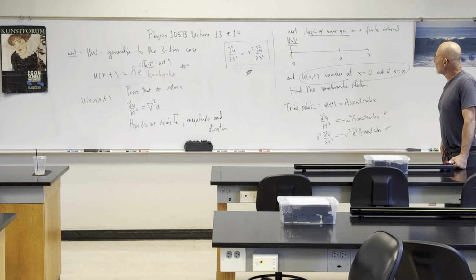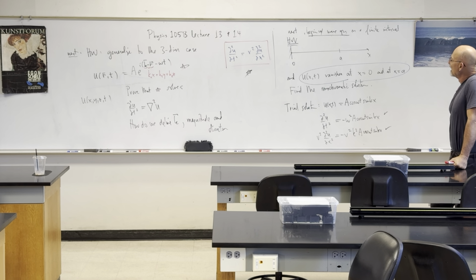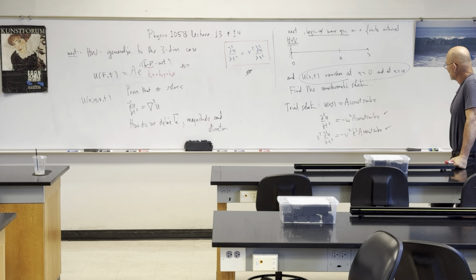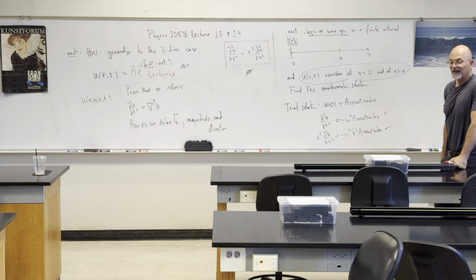Got one more minor issue. We get the vanishing at x equals 0 from the sine, right? So we just have to get it to vanish at x equals a as well. That won't be hard, but that actually starts to show you some various assorted things.